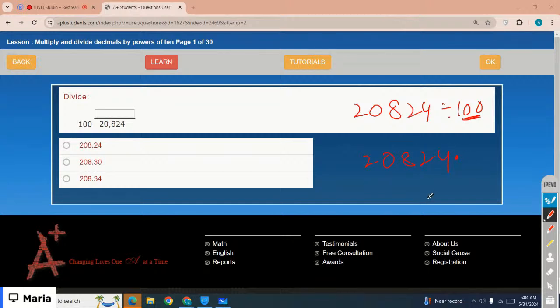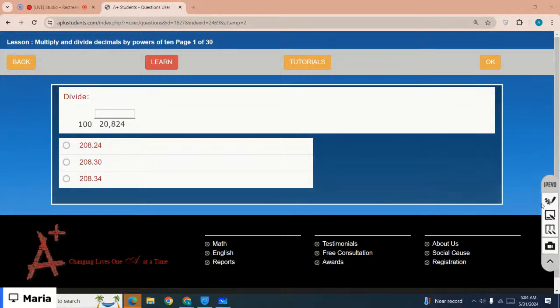The decimal point is here, right? So you have to move two places left. That would be then here. So that is 208.24. The correct option is option number 1. That is 208.24. Got it?